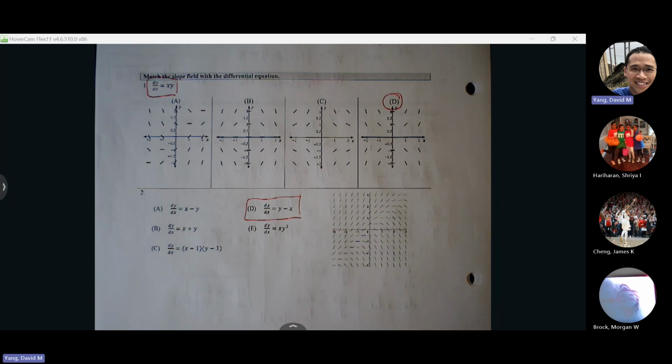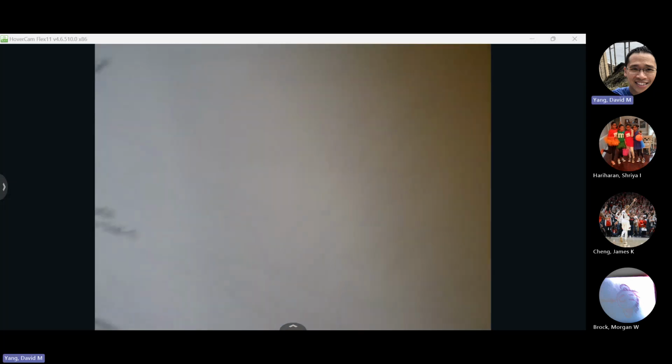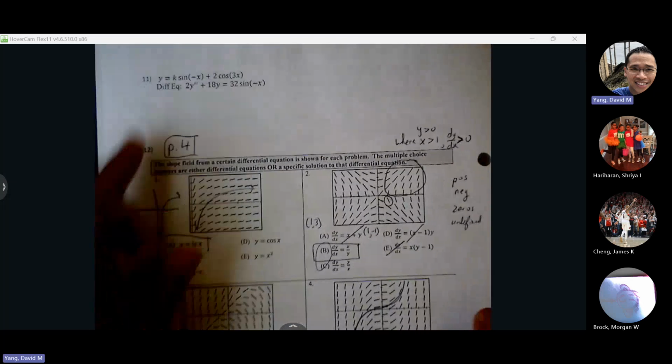Let me do a verifying differential equation. This is part of your homework from before, but I'll redo this one. So this is page 4, number 11.